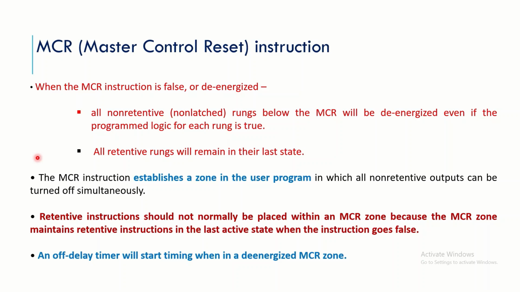Next, you can see one important concept. If you have connected an off delay timer and you want this off delay timer to be activated because of some physical situation, maybe there is a limit switch that is the control element for this off delay timer.